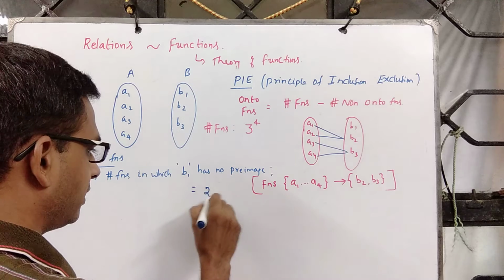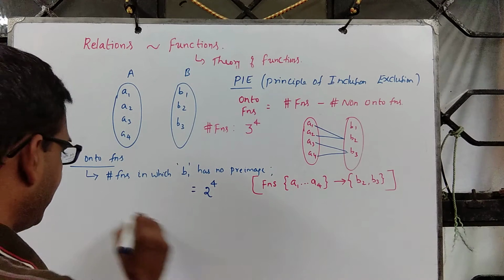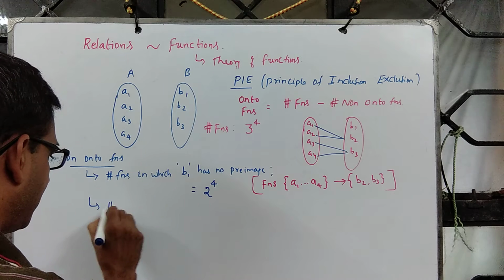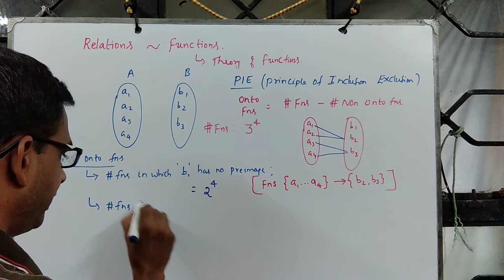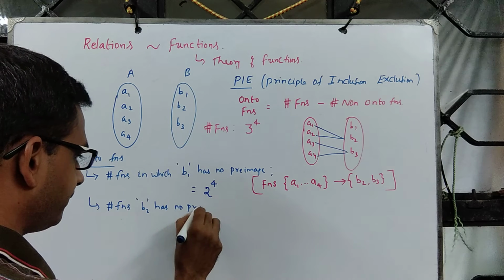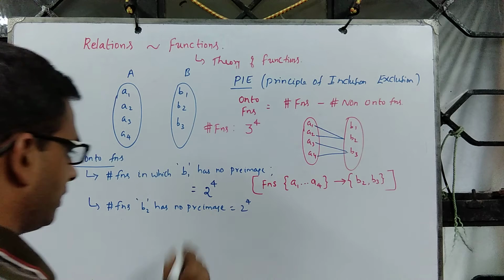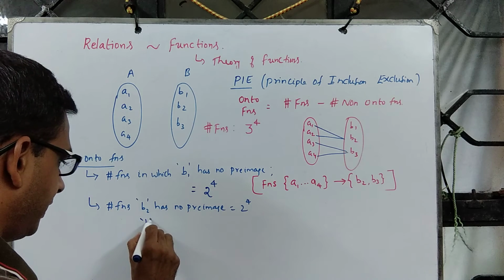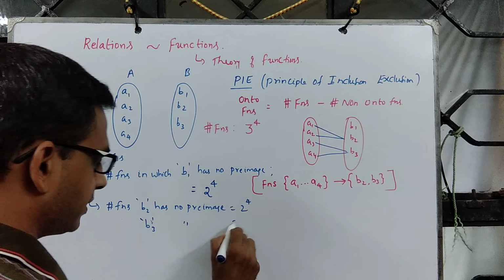That is 2 power 4. On the similar line, number of functions in which B2 has no pre-image, we have the same number. On the similar line, B3 has no pre-image, same number.